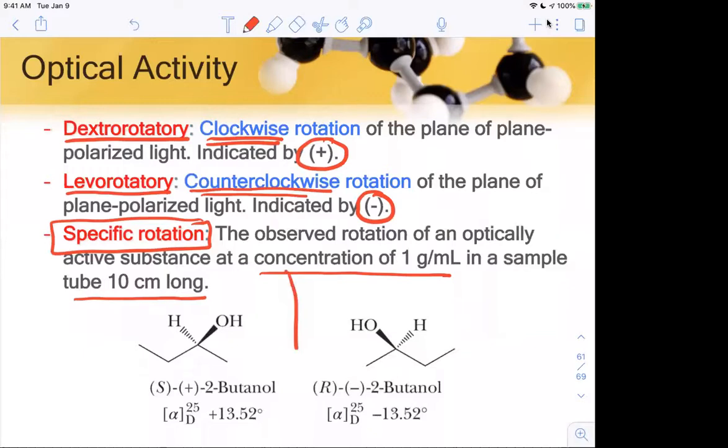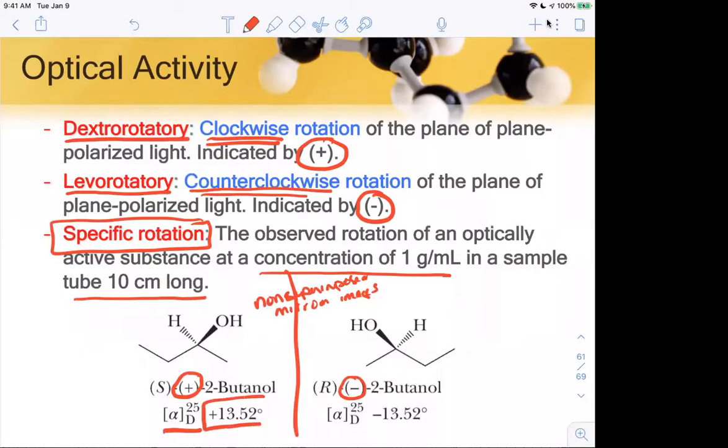These two are non-superimposable mirror images. And notice, this is going clockwise, this is going counterclockwise. I call this an alpha D, which is my specific rotation.